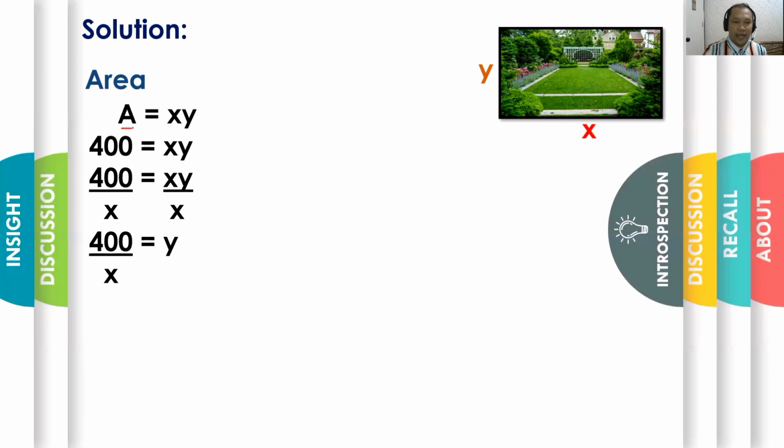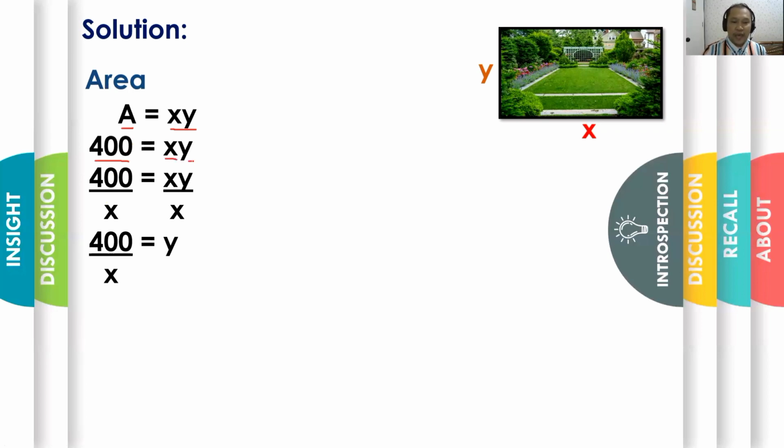Now, area is equal to x times y, which is the length times the width. And in the given problem, the area is equal to 400 square meters, which is equal to the product of the length and the width.